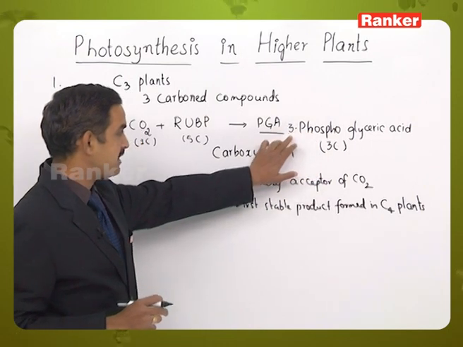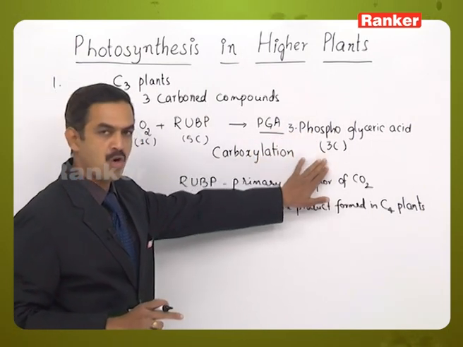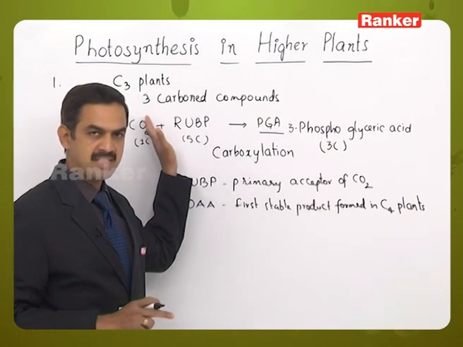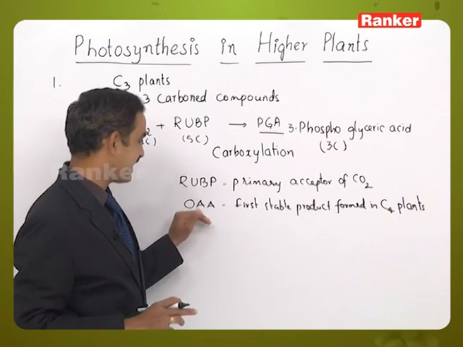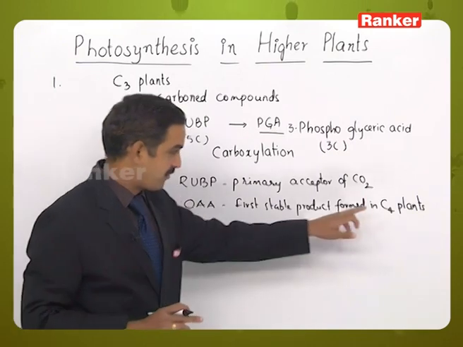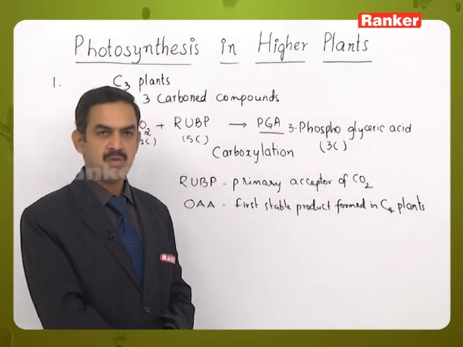Wherever the plants in which the first stable compound is 3-phosphoglyceric acid, which is a 3-carbon compound, such plants are called C3 plants. The plants in which the first stable compound is oxaloacetic acid, that is OAA, which is a 4-carbon compound, we call those plants C4 plants.